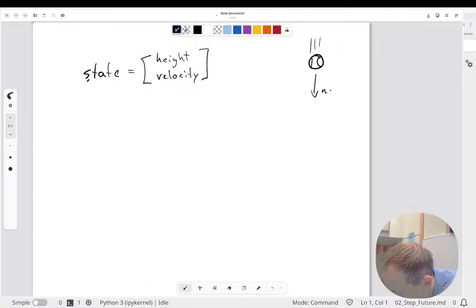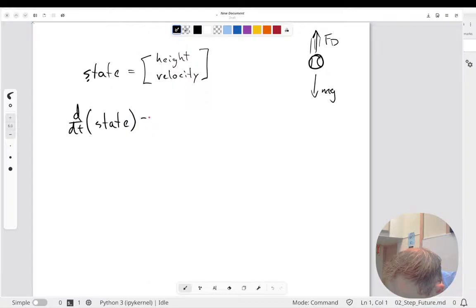We have mg pointing down, and drag pointing up. So what is the derivative of this state vector? Because now I'm describing position and velocity as one thing called state. So what is the derivative there?